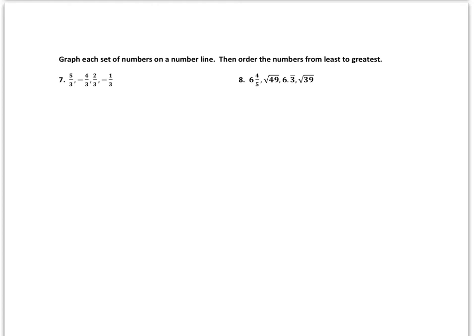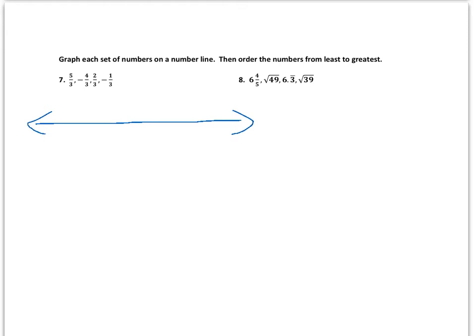And probably the good thing to do with some of these is make them decimals, because it's really easy to work with decimals. Now, number 7, we can kind of leave them as they are because they have the same denominator.